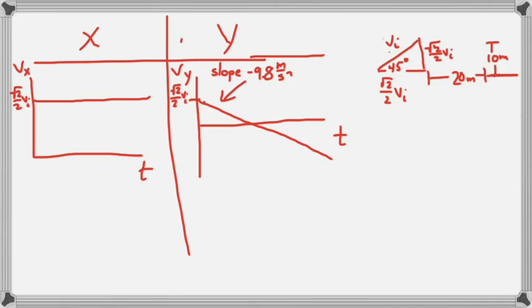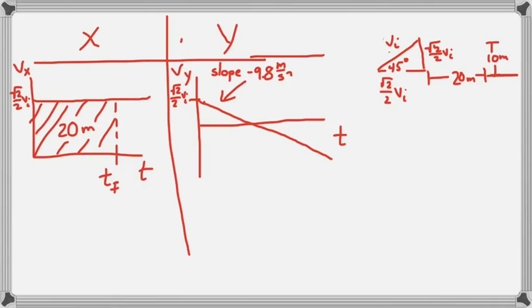Okay, so at some time t final, how do we find distance when we have a velocity versus time graph? Well, we have to find the area under the curve, right? So at some t final, the area under this curve has to give us 20 meters, okay?